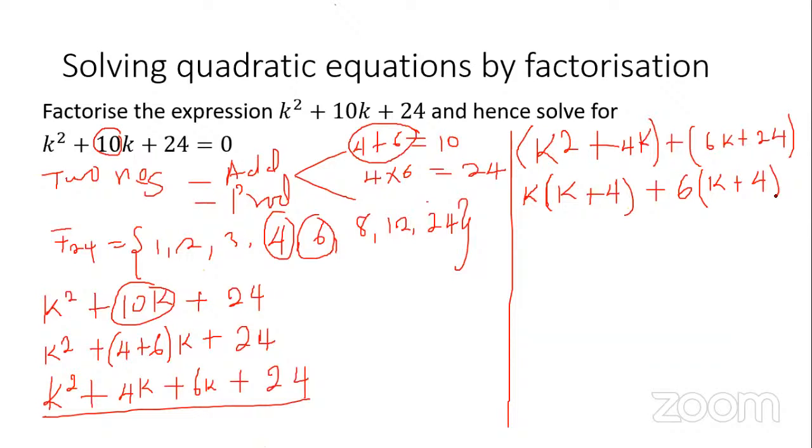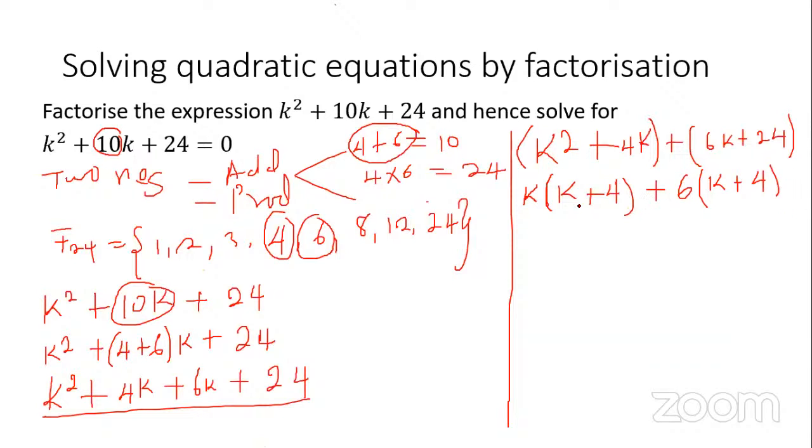Okay, thank you. Junior, are you able to see something similar? What I'm saying, in our first bracket, we have 4, and in the second bracket, we also have 4.